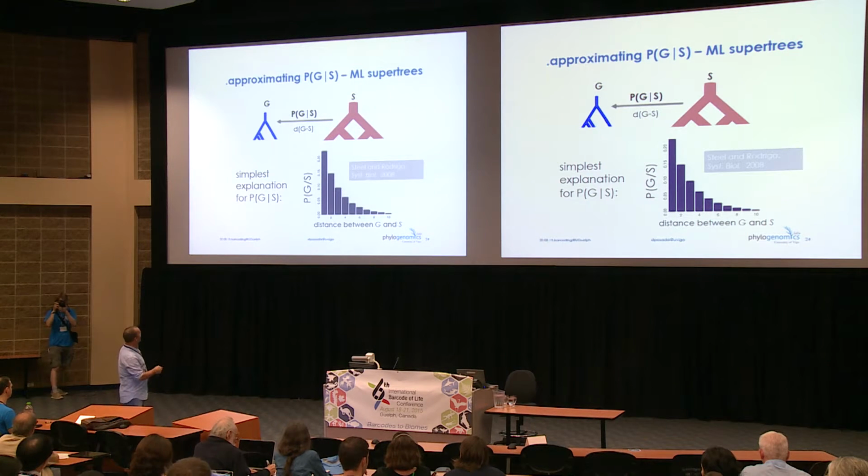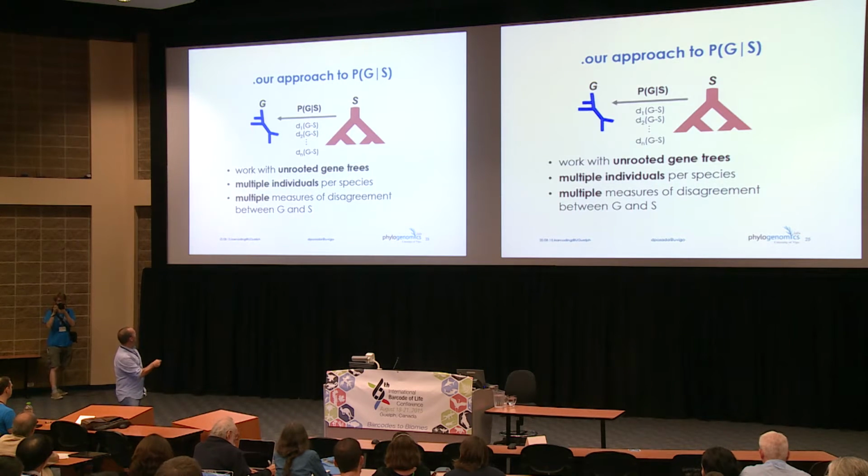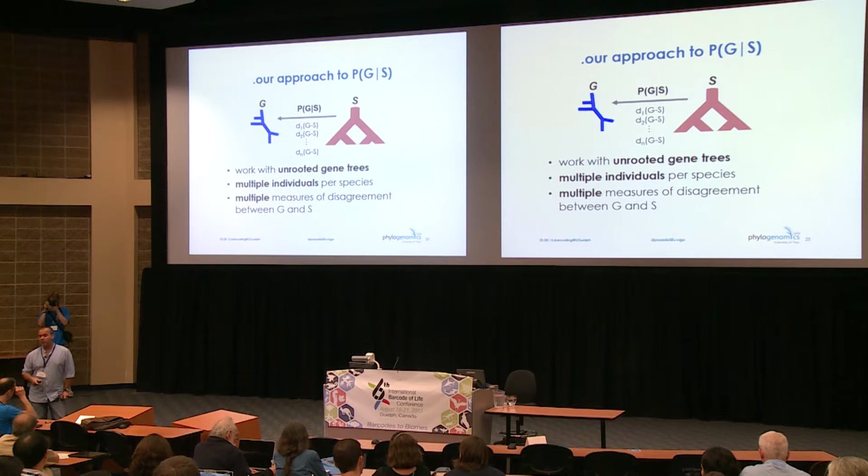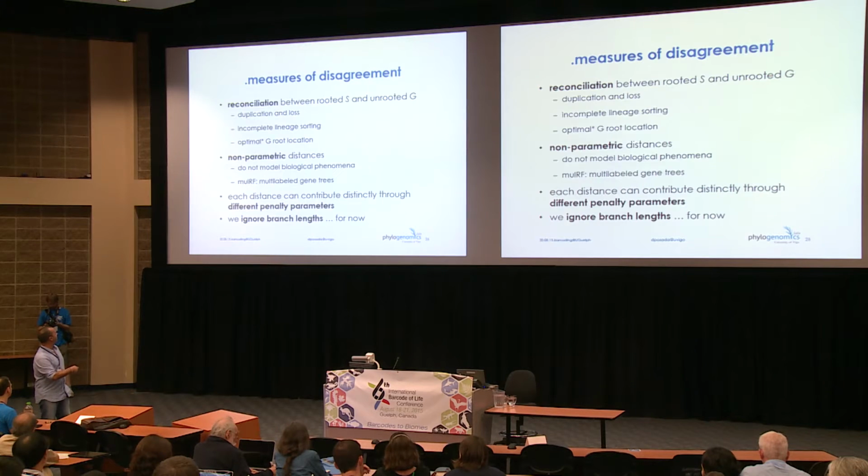So we have extended this, and basically we consider multiple distances that take into account different biological phenomena. We work with unrooted gene trees, and we work with multiple individuals per species. So we can do pretty much everything here. Which are the distances we use? These distances reflect biological phenomena.